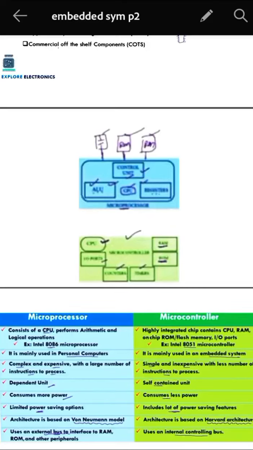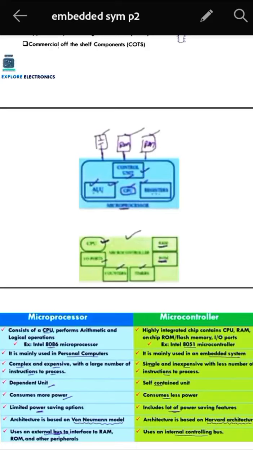The microcontroller is a highly integrated chip containing CPU, RAM on chip, ROM or flash memory, and I/O ports. RAM and ROM are extra in the microcontroller. An example is the Intel 8051 microcontroller.